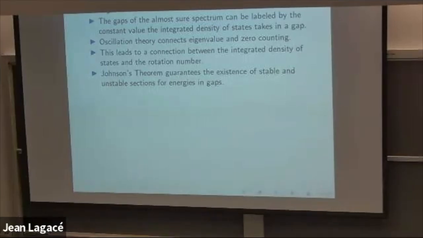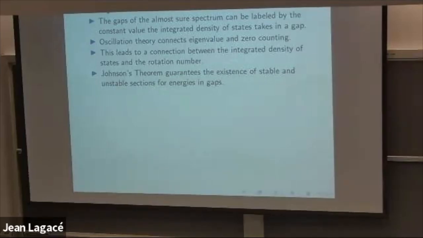You can't do that if the energy that you're jumping at is in the spectrum. So in this perspective here, what's special about energies and gaps is, in Johnson's terminology, exponential dichotomy. In more modern terminology it is uniform hyperbolicity or dominated splitting or whatever you want. I'll explain what exactly it is that you have. But this is what's special about energies and gaps.